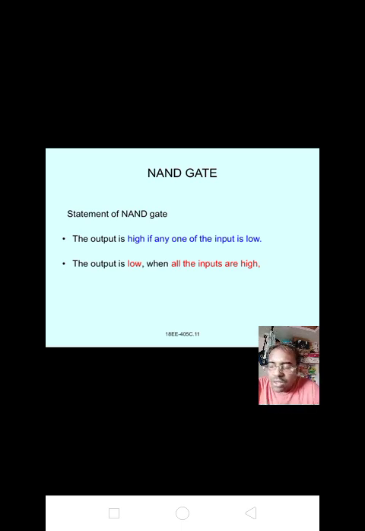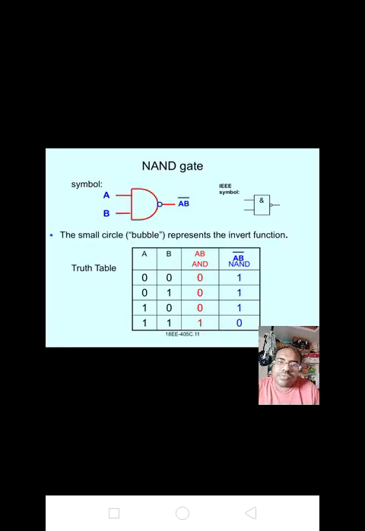Once again repeating, the output is high if any one of the inputs is low. The output is low when all the inputs are high. Here I have drawn the diagrammatic symbol for NAND gate.